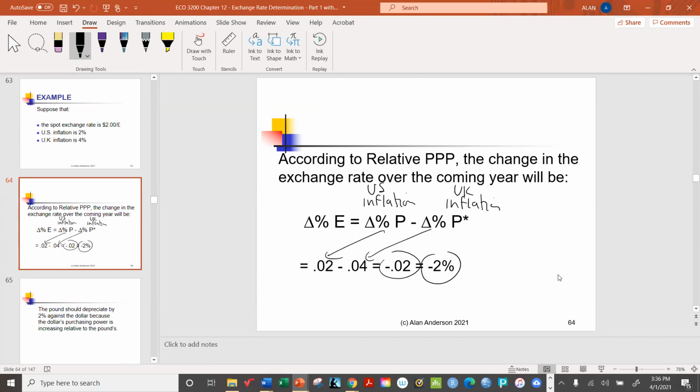That means E should go down by 2%, and that means the dollar should appreciate by 2% against the pound, that is, over the coming year.